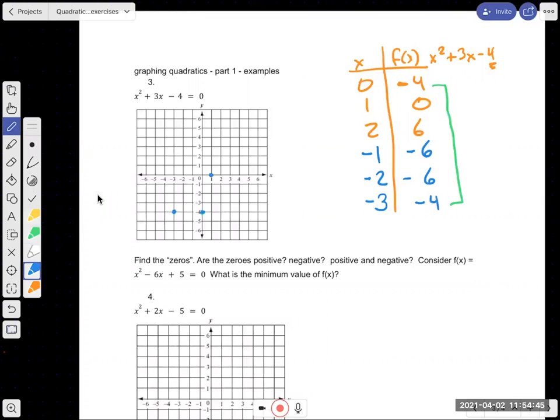So now you see, with the symmetry, I'm going to be able to find out where that other 0 is. 2 goes all the way up to 6. And minus 2 is all the way down to minus 6.